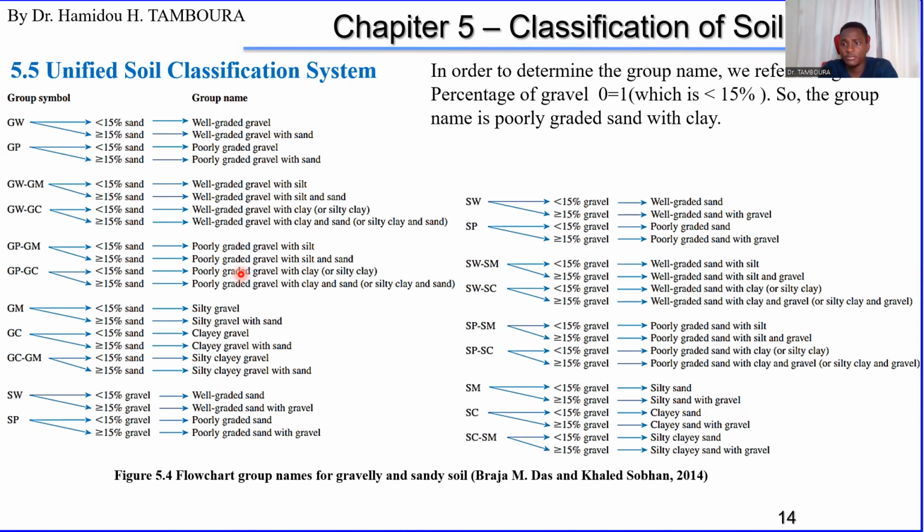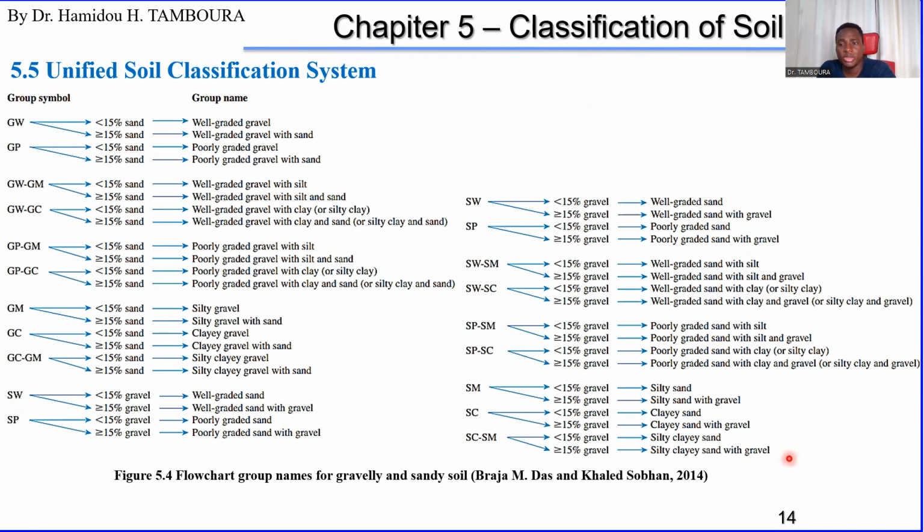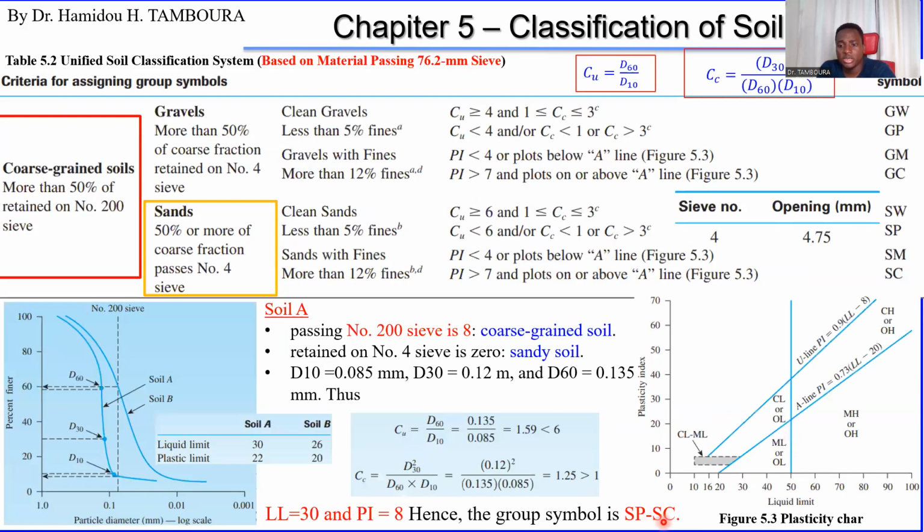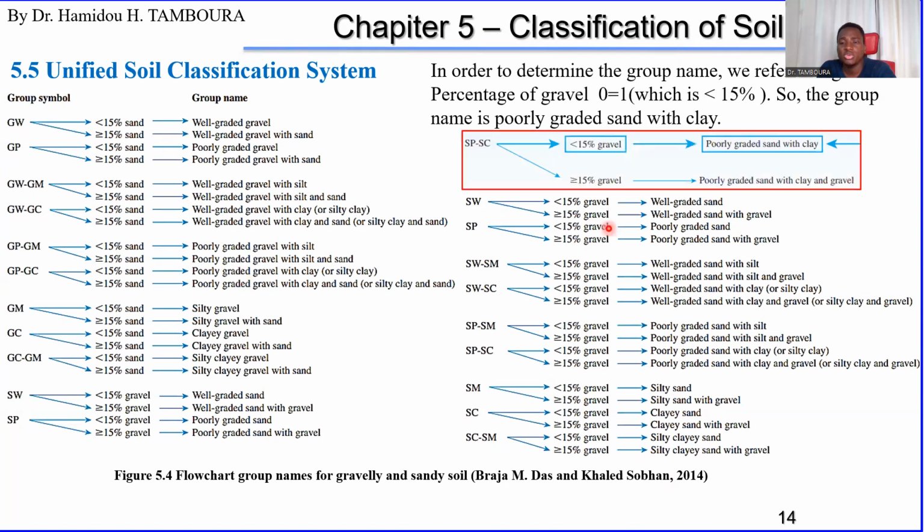If anything is retained on the sieve number 4, that amount will be the percentage of gravel. But in our case, there is no gravel, I think. So it is 0. But remember that the group symbol is here, SP-SC.